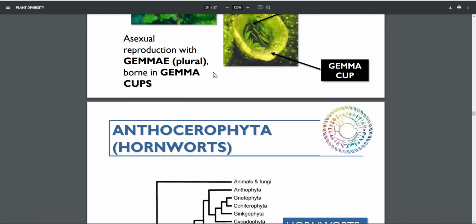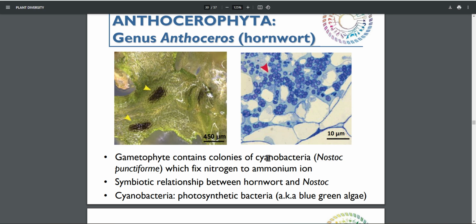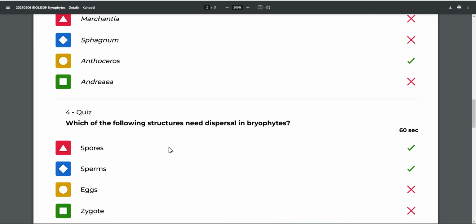It is one of the hornworts here, the Anthoceros.